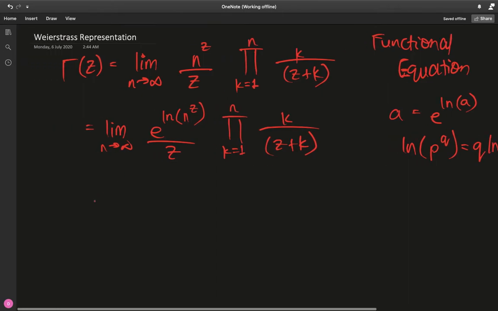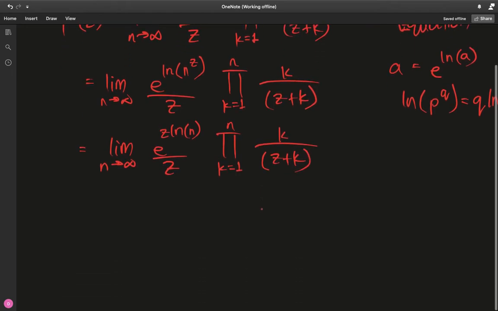So I'm going to do that on the top here. So we have the limit as n goes to infinity of e to the z times natural log of n over z times the product from k equals 1 to n of k over z plus k. Fair enough? Nothing unusual until now, I expect.